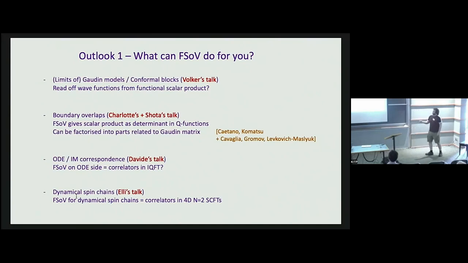However, for the case of the dynamical spin chains, which you'll need for this, like the 4D N equals 2 superconformal field theory application, you essentially have some higher rank type dynamical spin chains. However, at least in the cases which are already known, for example, dynamical XXZ type models, you still have a Baxter equation. So all of this which I've described should go through without problem. Okay? Which should then hopefully be usable to compute some correlation functions in the N equals 2 theories.